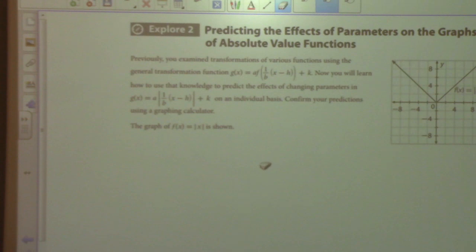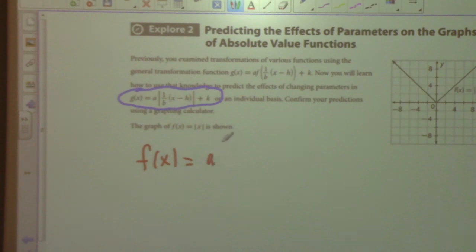Now, the last thing I want to talk about today is this part right here, that we're talking about transformations. We're going to look at transformations of absolute value functions. And mostly what I want to see here is to use the basic format f of x equals a times absolute value of x minus h plus k.